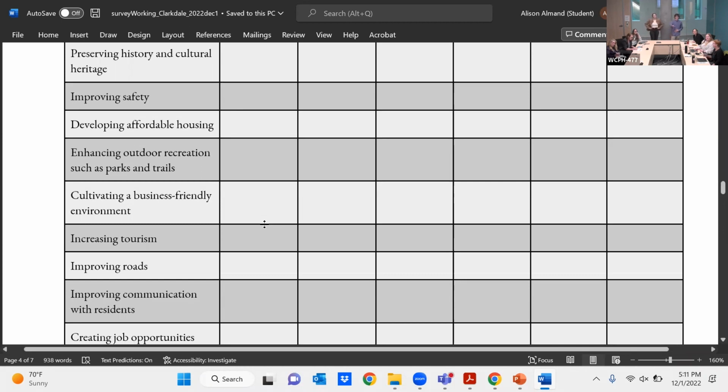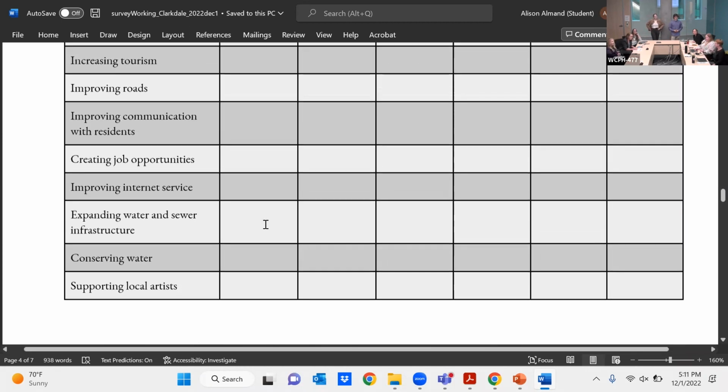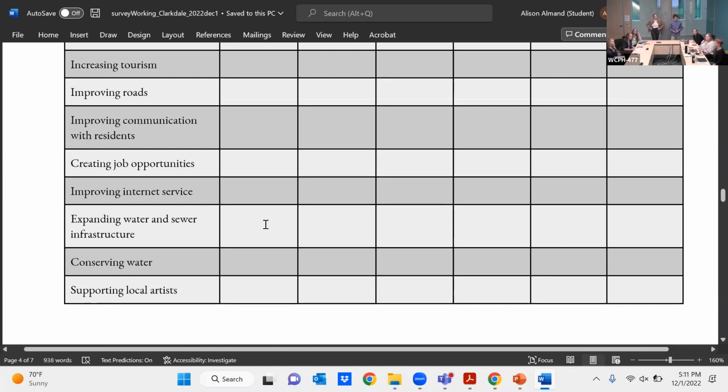Yeah, and as the Clarkdale folks will realize, the verbiage in the tables is basically from the strategic plan, in some cases reworded a little bit to make sure that it's understandable by the residents writ large. But yeah, they should look familiar.